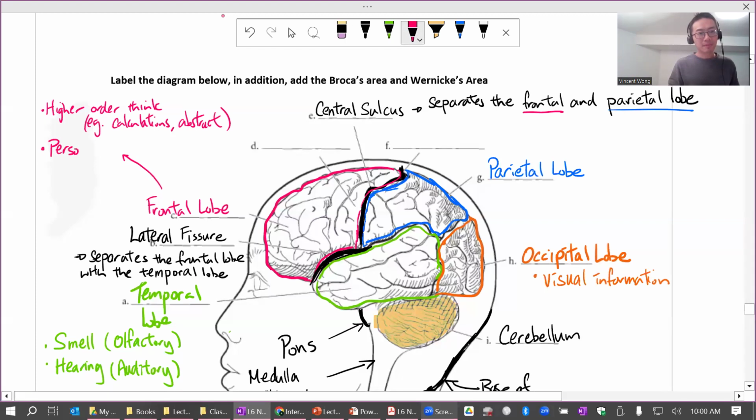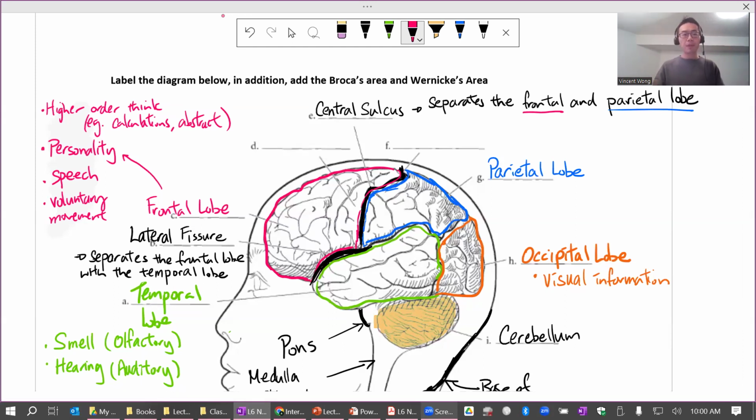Personality. If you damage the frontal lobe, your personality can change. I'll give you an example of that later on. Speech. Voluntary movement. You talk about driving, right? So that's voluntary movement, controlling of your body parts. So that's all going to be happening in the frontal lobe.